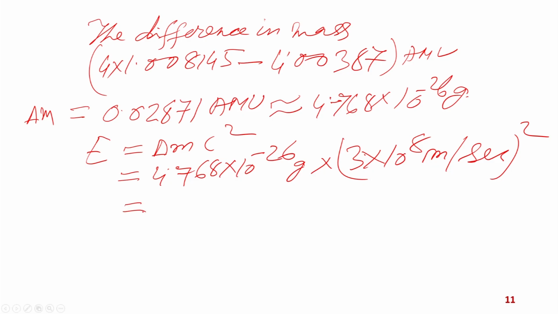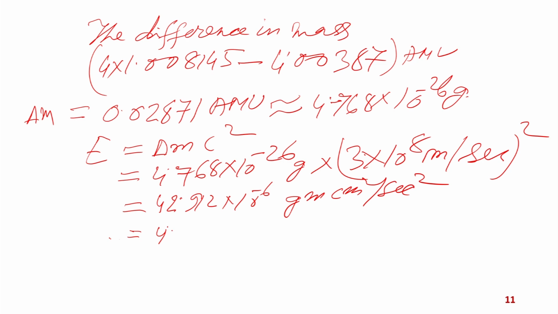After this calculation, I can show this is equal to 42.912 into 10 to the power minus 6 gram centimeter square per second square, and then I can write this as 4.291 into 10 to the power minus 12 joule.